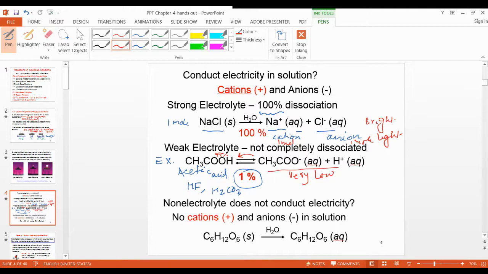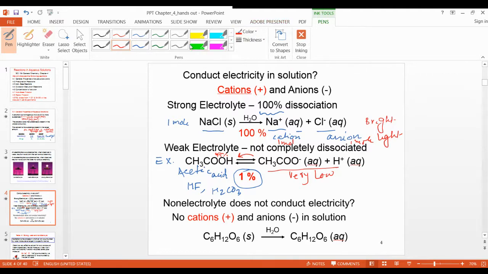It is written here, my friend. I have written it in the slide. Read the slide, please. What is the name of these ions? One is a cation, and the other is anion, right?